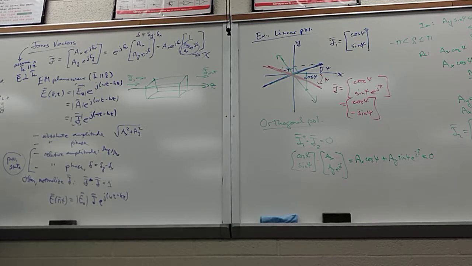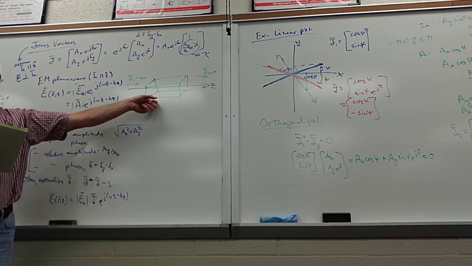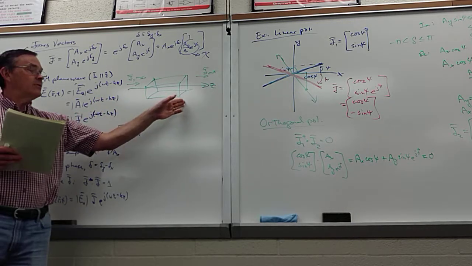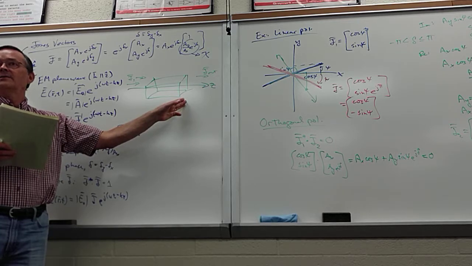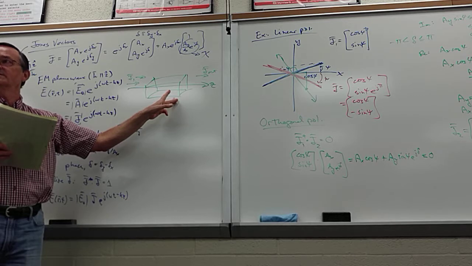But it turns out for an anisotropic material, I can analyze it and always come up with two eigenstates that do not change as they propagate through it. And those two polarization eigenstates are orthogonal, always.